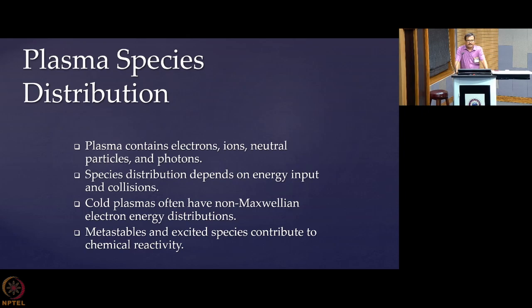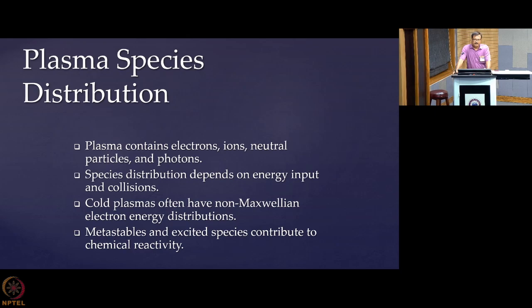Now, species distribution depends on the kind of energy that you have imparted. Depending on that, their velocity and species concentration will vary, and depending on the pressure, the collisions will be decided, and that again will alter the species distribution.